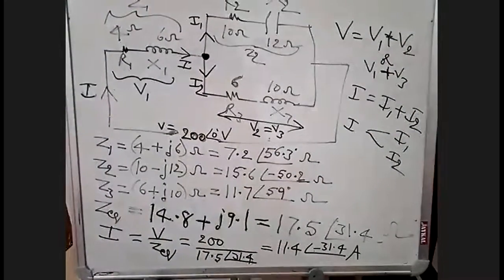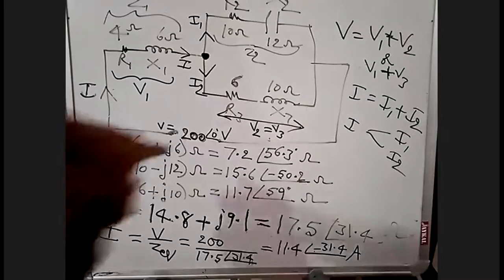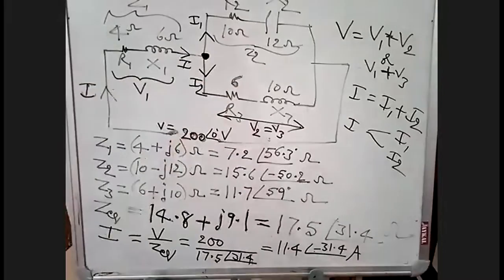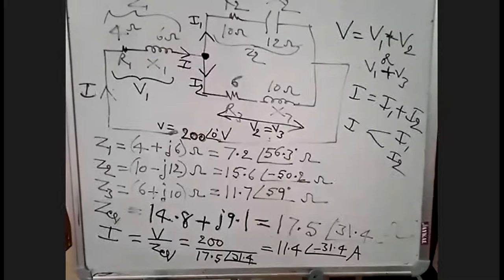We can take either V2 or V3 because V2 is equal to V3. In parallel, voltages are equal. So the total voltage, this 200 volts, is dividing as V1 and V2. That's why I took V as the resultant of V1 and V2, or of V1 and V3.